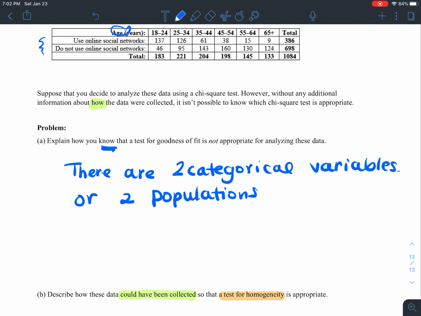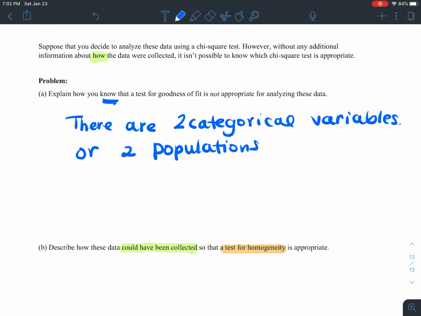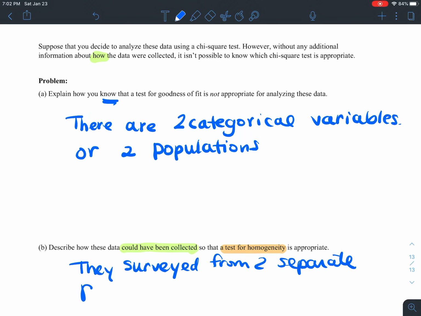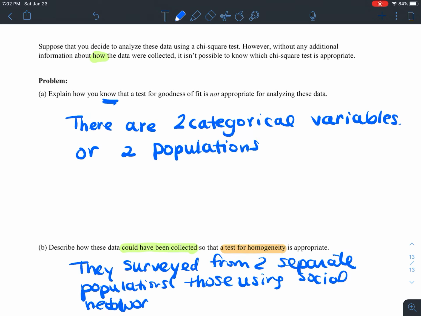Okay, so we would say something like, well, if they surveyed from two separate populations, and I'll go ahead and define what those two populations were. It would be those using social network sites, and those not, okay?